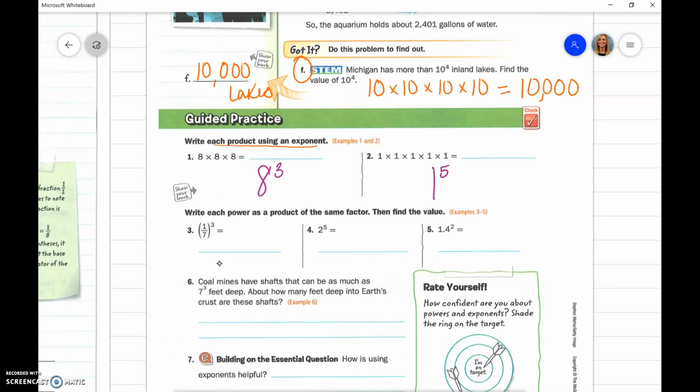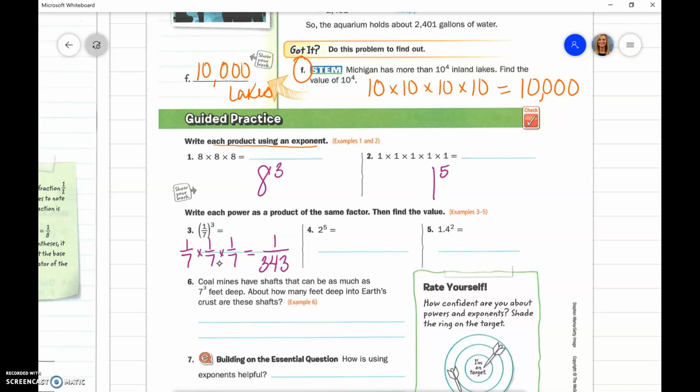Okay? The next one says, write each power and then find the value. So 1/7 to the 3rd. So that means we're taking 1/7 times 1/7 times 1/7, which gives us 1 times 1 times 1 is 1. 7 times 7 is 49. 49 times 7 is 343 when you multiply them together.